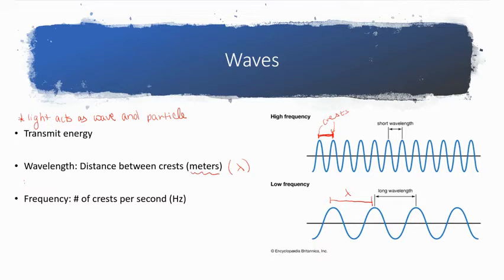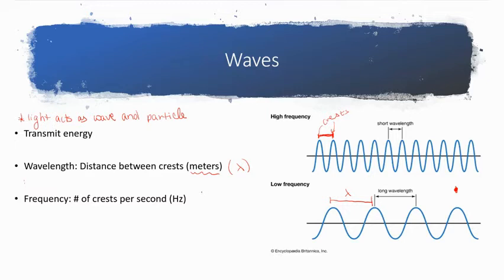Okay? The other property of our waves that we're going to look at is our frequency, and that's the number of crests that pass per second. So we know our waves are moving as they transmit energy. So if we were to pick a point in time and we counted how many crests pass this point per second, that would tell us our frequency.